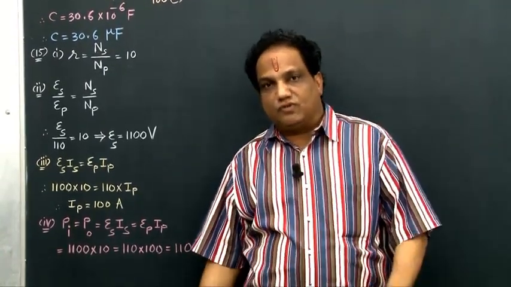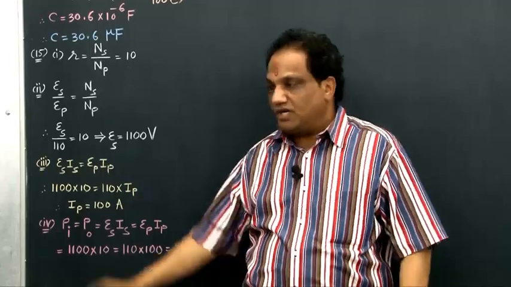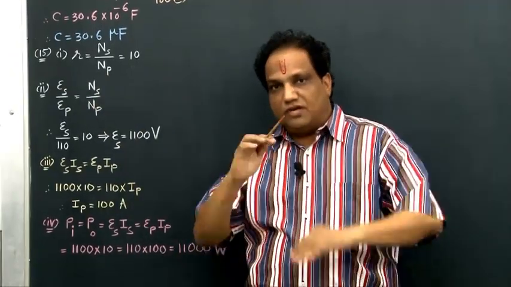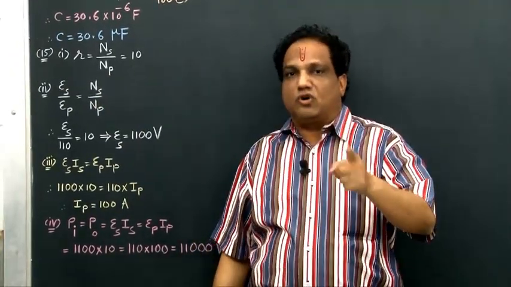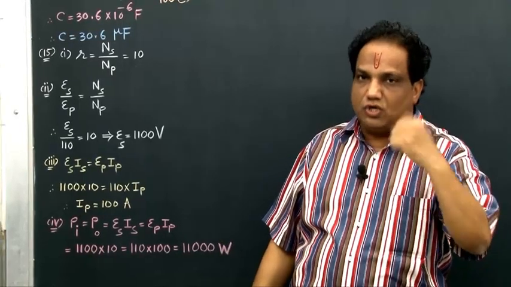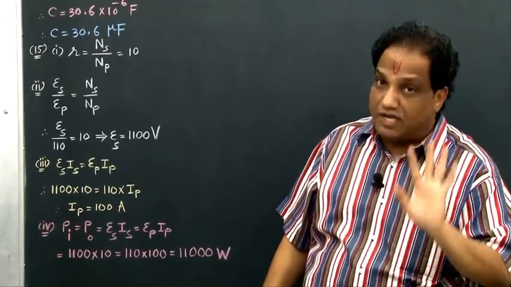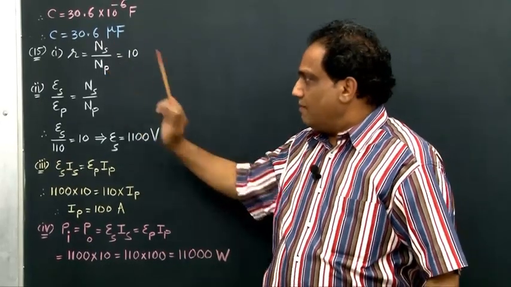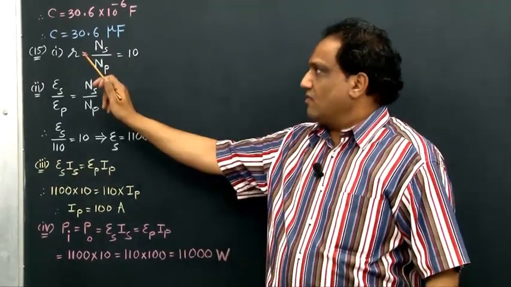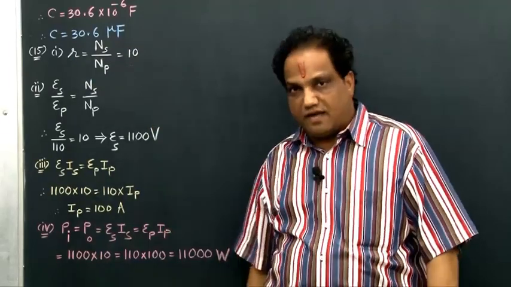Tell me, what was the transformation ratio? It was shown by symbol small r. It was the ratio of the total number of turns in the secondary coil to the total number of turns in the primary coil. It was Ns upon Np, and right now that transformation ratio is given as 10.